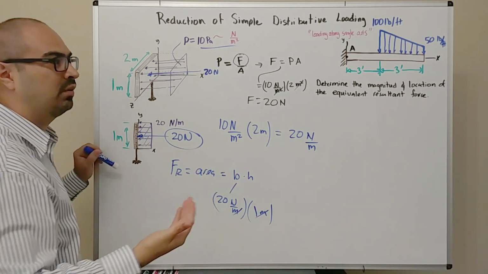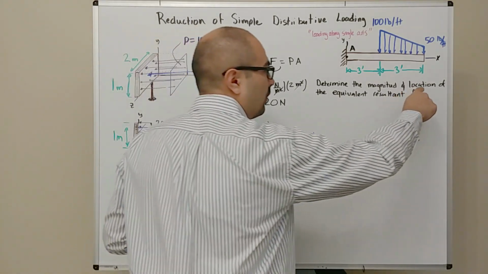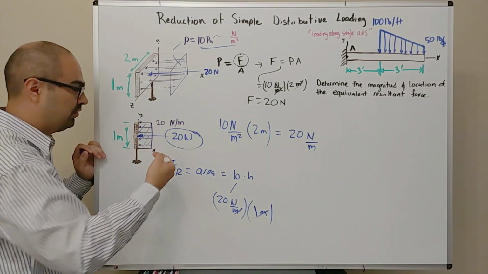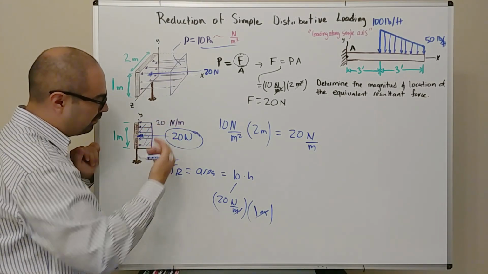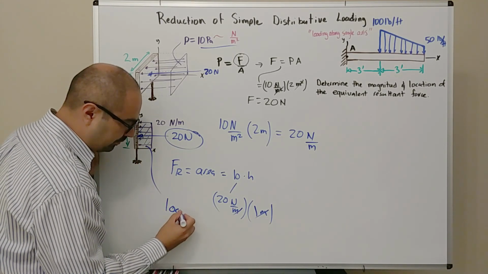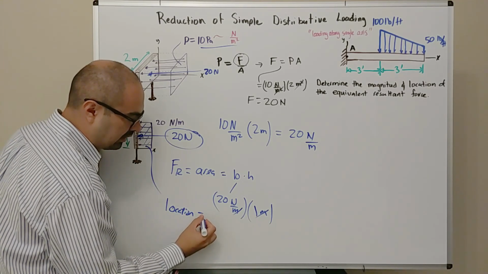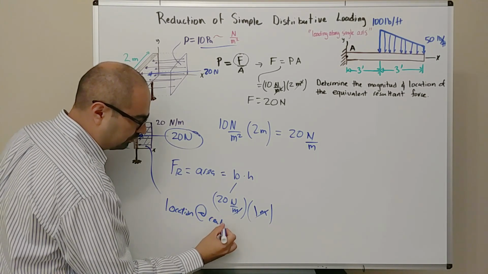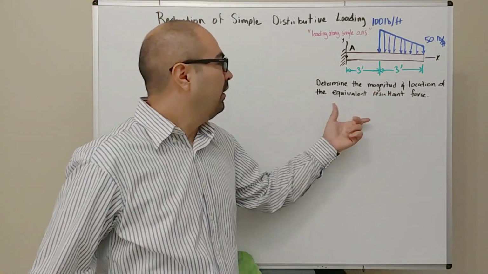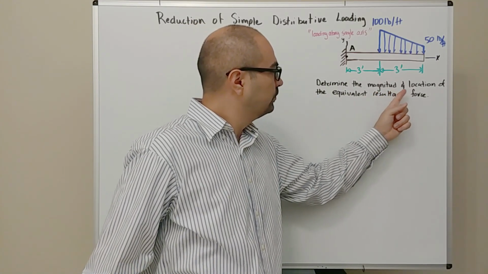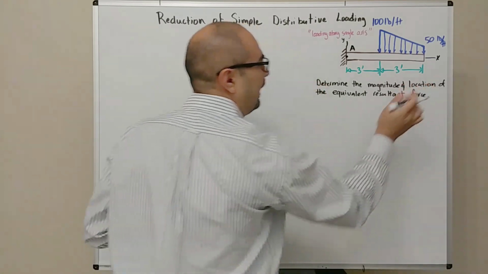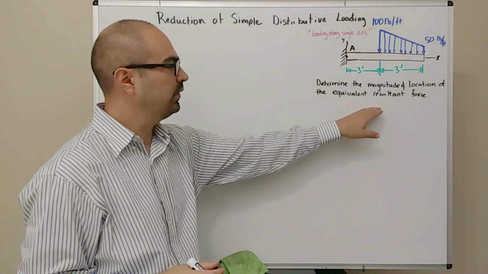The next thing we need to worry about is where do we put that force? Like on this sign, where do we put it? Your intuition tells us we want to put this force right at the middle. And really what that means is that the location is going to be at the centroid of the area. So we're back at the problem where we want to determine the magnitude and location of the equivalent resultant force.